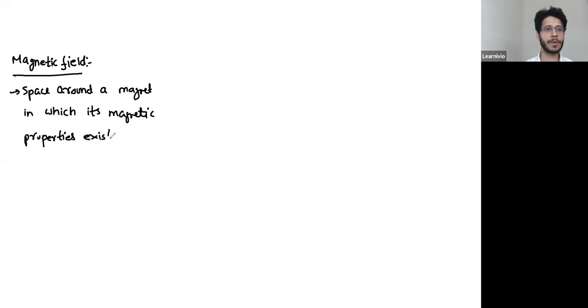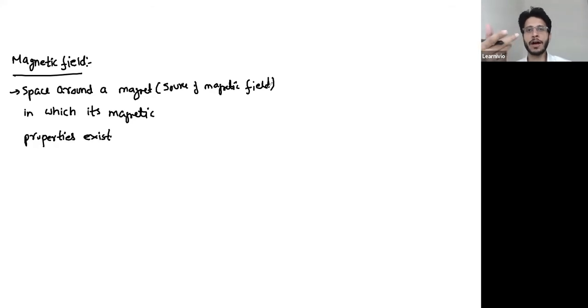When I say magnet, that means source of magnetic field. For me, a wire is a magnet because a wire can generate magnetic field. A revolving electron is a magnet because a revolving electron can generate magnetic field. So that's magnetic field, the space around a magnet where its magnetic properties exist. It's just like electrostatics, instead of electric field, I'm just using magnetic.